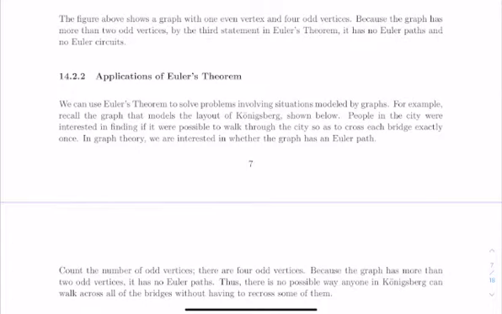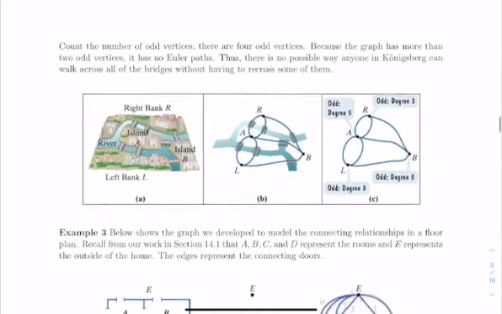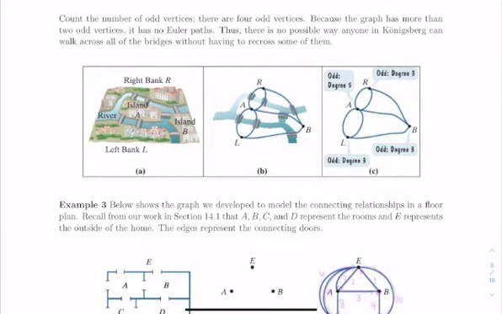In graph theory, we are interested in whether the graph has an Euler path. Count the number of odd vertices. There are 4 odd vertices. Because the graph has more than 2 odd vertices, it has no Euler paths. Thus, there is no possible way anyone in Königsberg can walk across all the bridges without having to recross some of them.